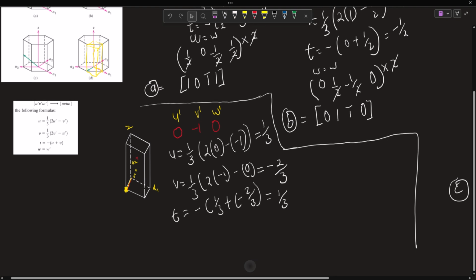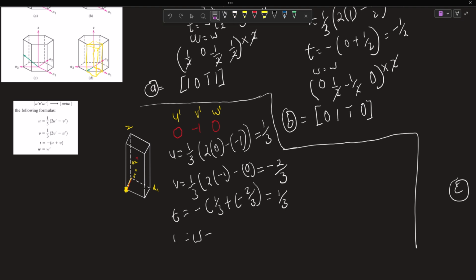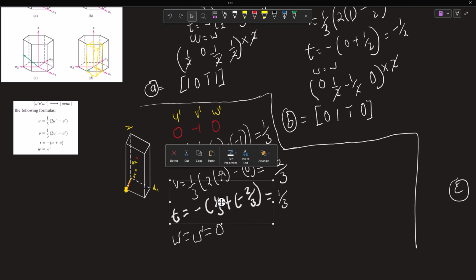Then our W is equal to W prime, which is equal to 0. So let's go ahead and divide through by 3.